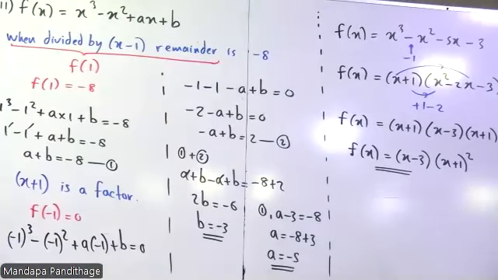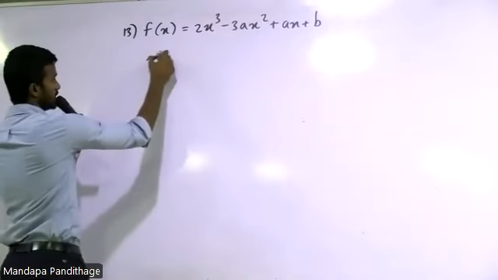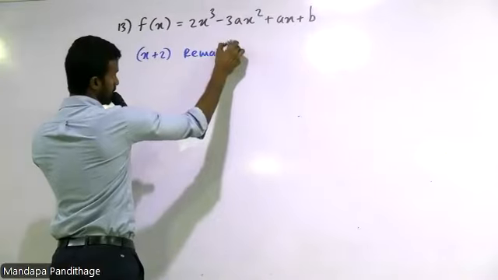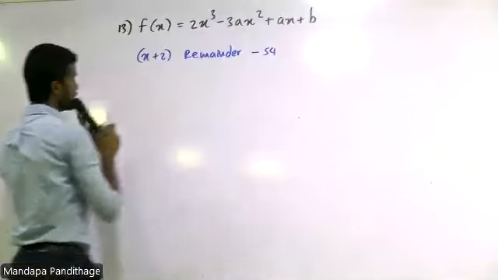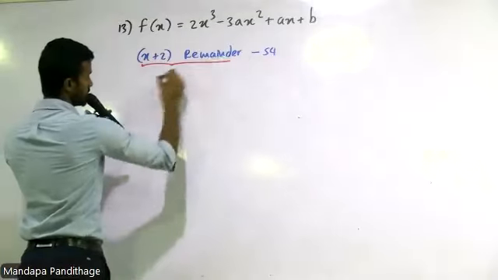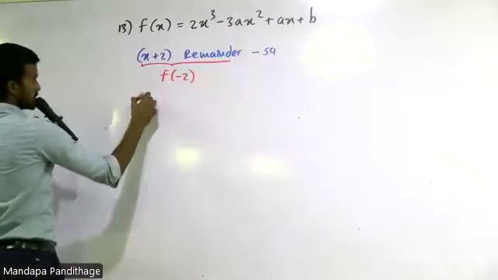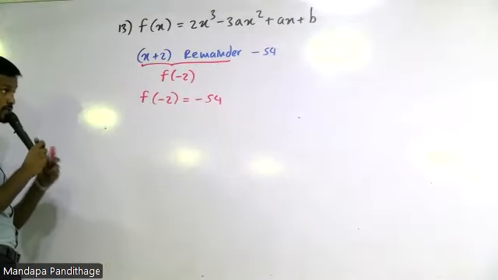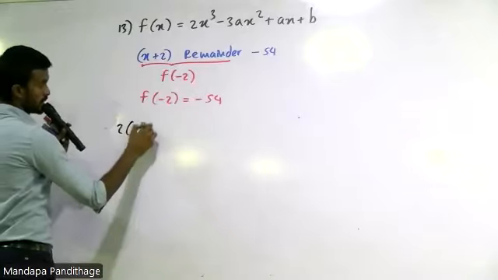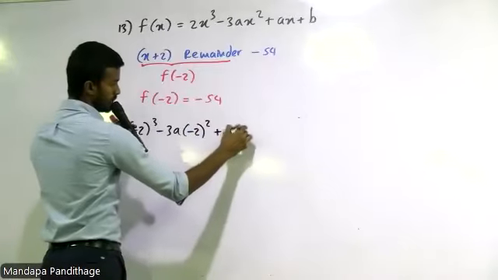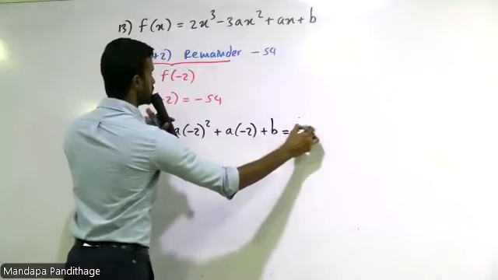First one: when divided by x plus 2, the remainder is minus 54. From the remainder theorem, when you divide by x plus 2, the remainder is f(-2). So you get the equation f(-2) equals minus 54: 2 times (-2) cubed, 3a times (-2) squared, a times (-2) plus b is equal to minus 54.